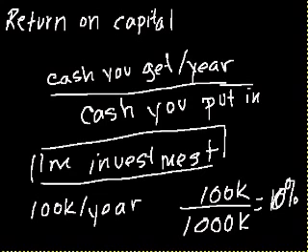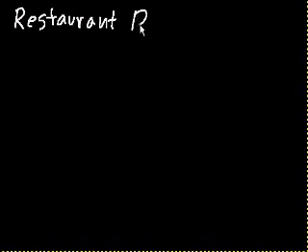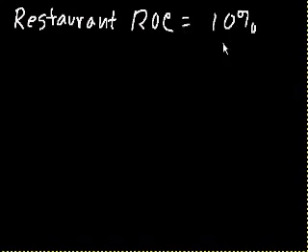Let me do another. Okay, so I said the restaurant. Let's make it a pizza restaurant. So let's just say the restaurant's return on capital is equal to 10%. Right?